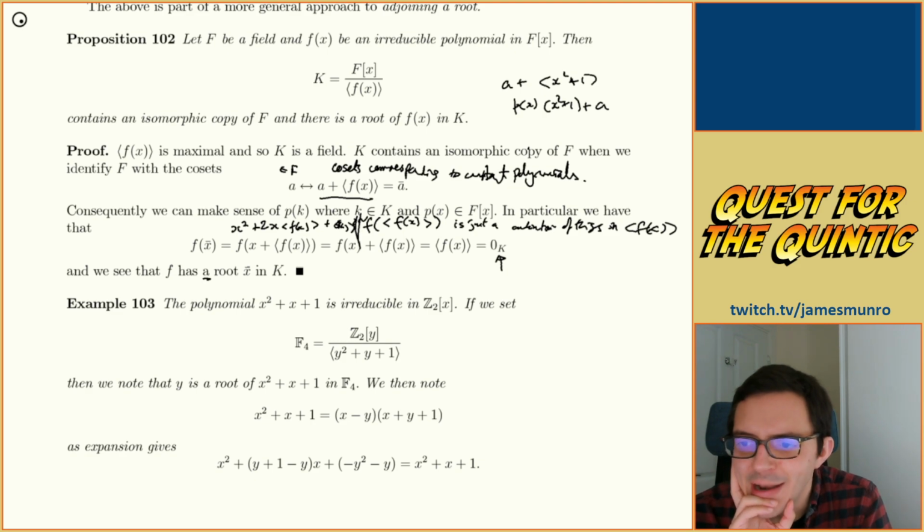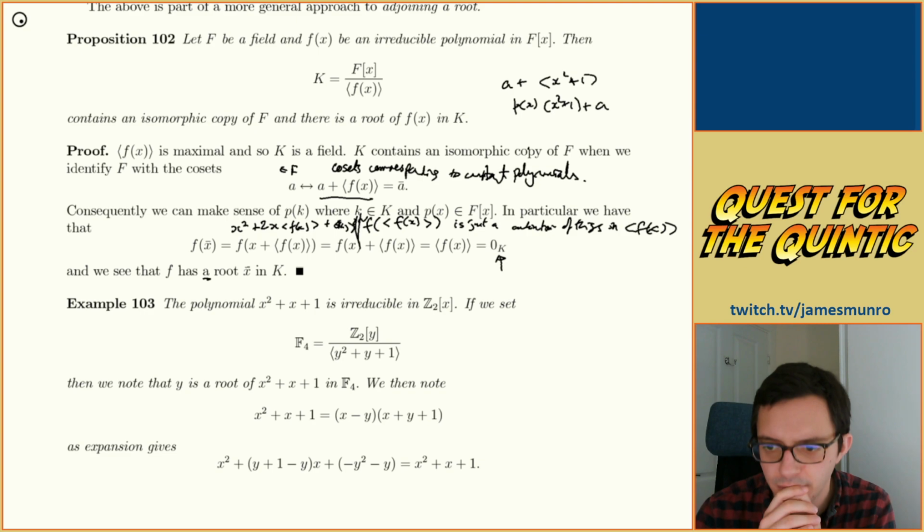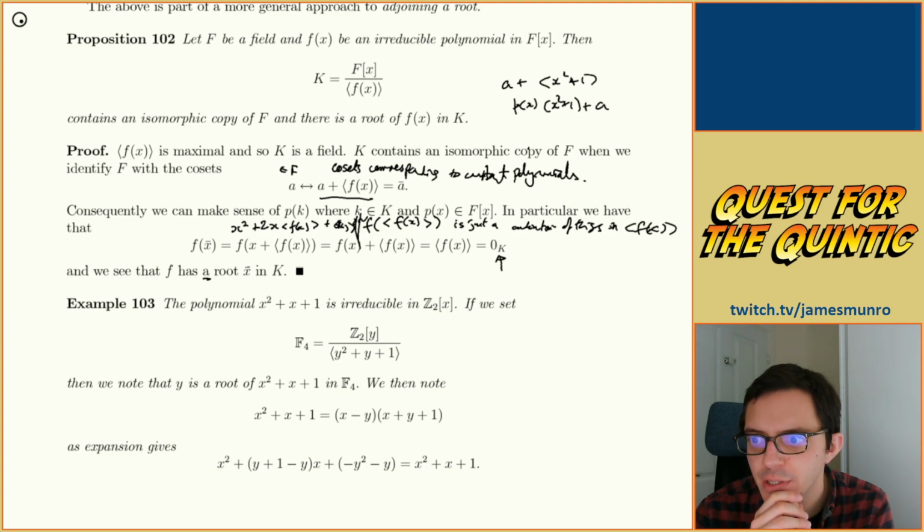Yeah, it looks like it's just anything, right? A root x bar in K. Don't get it. It is big though. I think I should try and understand this. Yep, we're going to spend 5 minutes trying to understand this.